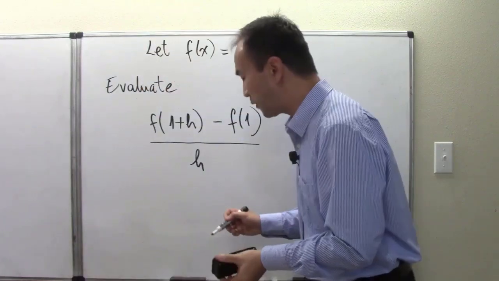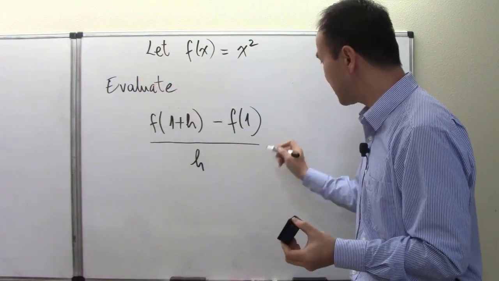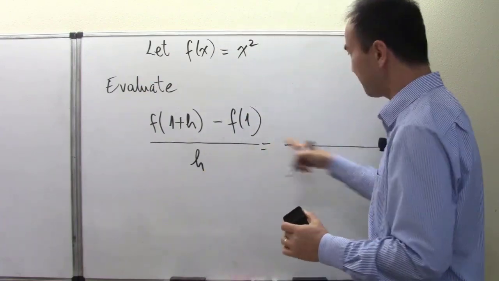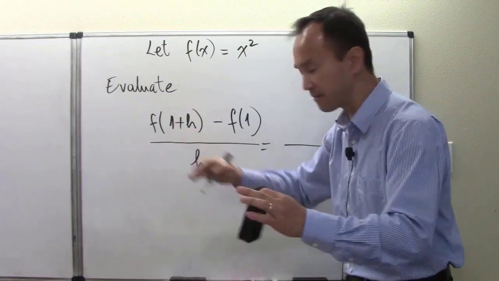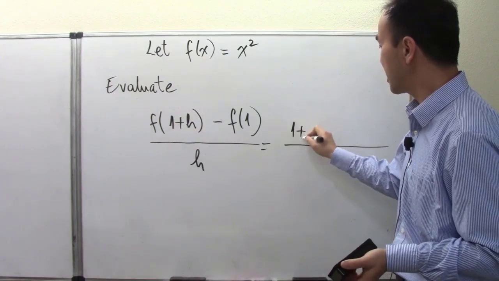And so now that work I've done there was just scratch work. So formally speaking, that first term after evaluating is going to give me 1 plus h all squared.